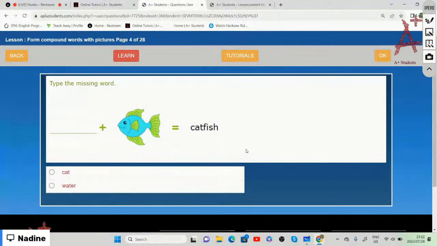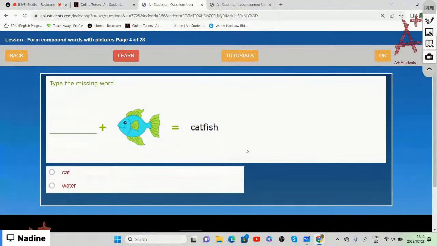Now we need to choose the correct word. Is it cat or water? So is it cat plus fish equal to catfish, or water plus fish equal to catfish? We need to choose the correct missing word in order to match with the compound word, which is catfish.